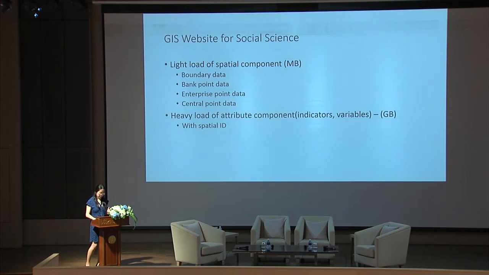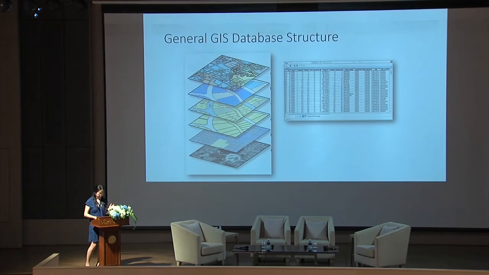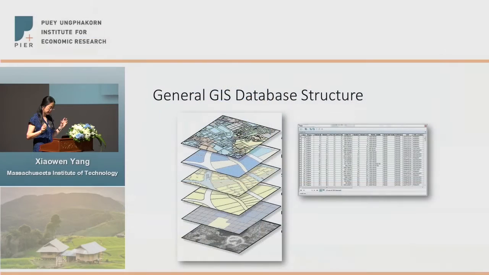But for a typical GIS website, the structure is different. The spatial component is the largest. For a GIS website, the spatial component is the largest component, generally taking about 80% of the storage, and the tabular data is 20%. So it's the reverse direction.